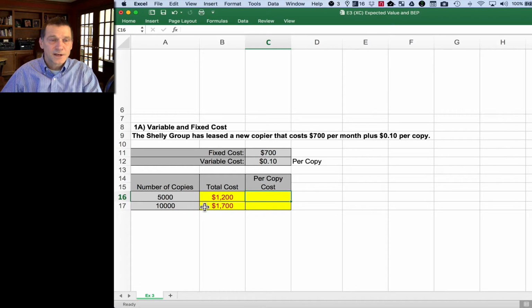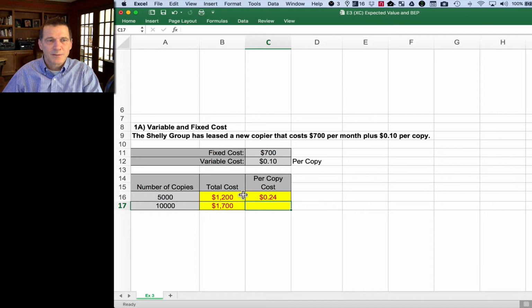And at 10,000 copies, we would have $700 plus 1,000 found by the 10 cents times the 10,000. Right? And if we want to look at our cost per copy, that would be our total cost divided by the volume. And that would be simply equals the total cost, / is for divide, and then click on the volume and hit enter.